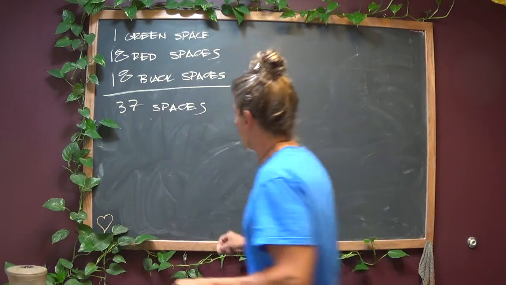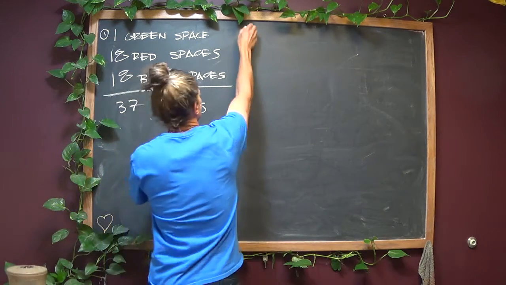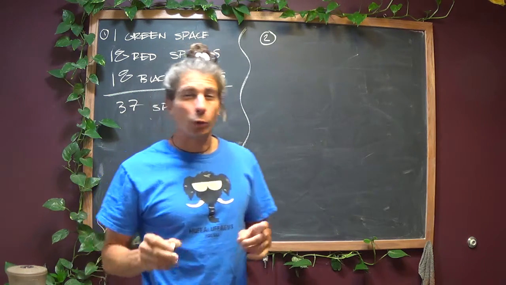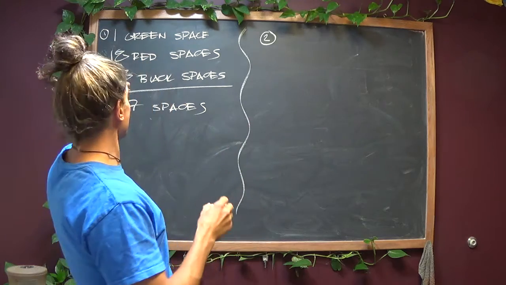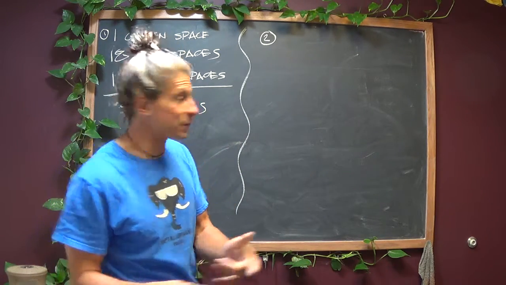So let's analyze. This is question 1. And question 2, which I guess we'll put over here. You're looking at a bet on red. So there's 18 red spaces, right? So if you're betting on red, you got 18 ways to win.